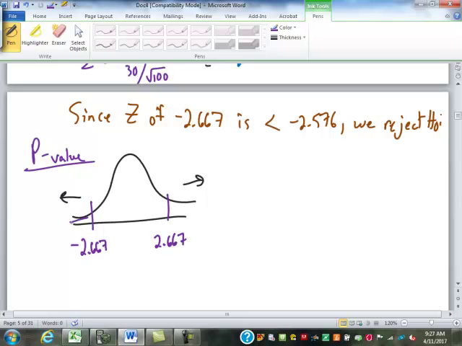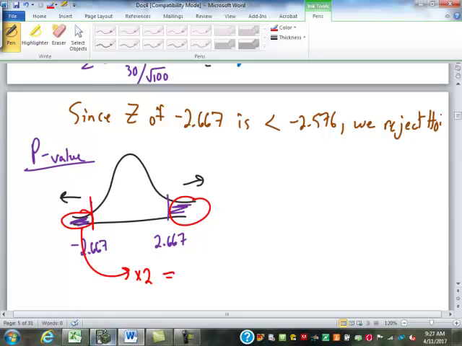We need to find the probability of being outside. We're just going to find this probability. The left side is always easier to find because that's what Excel is aimed for, and the calculator can be used to find that as well. We want to find that probability, then we'll just double it because this will be the same. So we'll just take this one times 2 to get the total p-value.